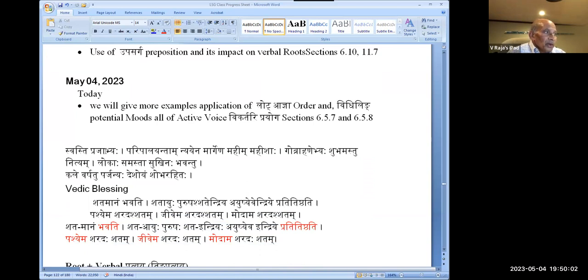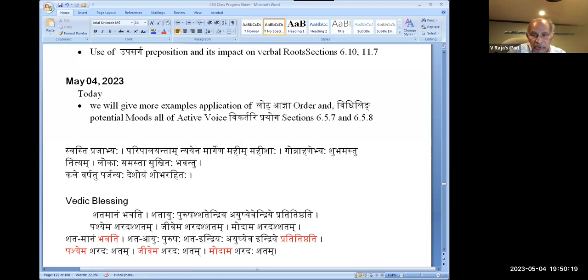Swasti prajabhyah paripalayantam nyayena margena mahim mahishaha gobrahmanebhyah shubhamastu nityam lokas samasta sukhino bhavantu. Then Kale Varshatu Parjanyaha. Your book has all this. Kale Varshatu Parjanyaha Deshoyam Shobharaitaha.